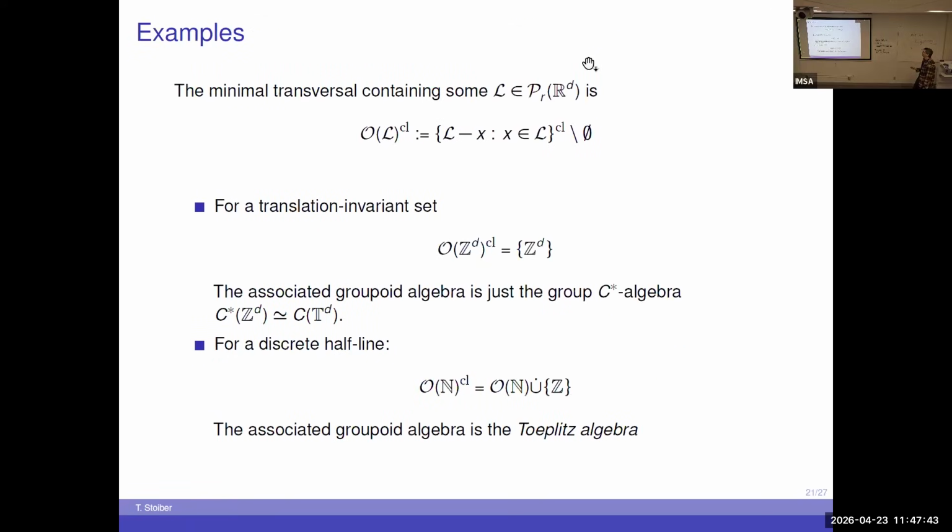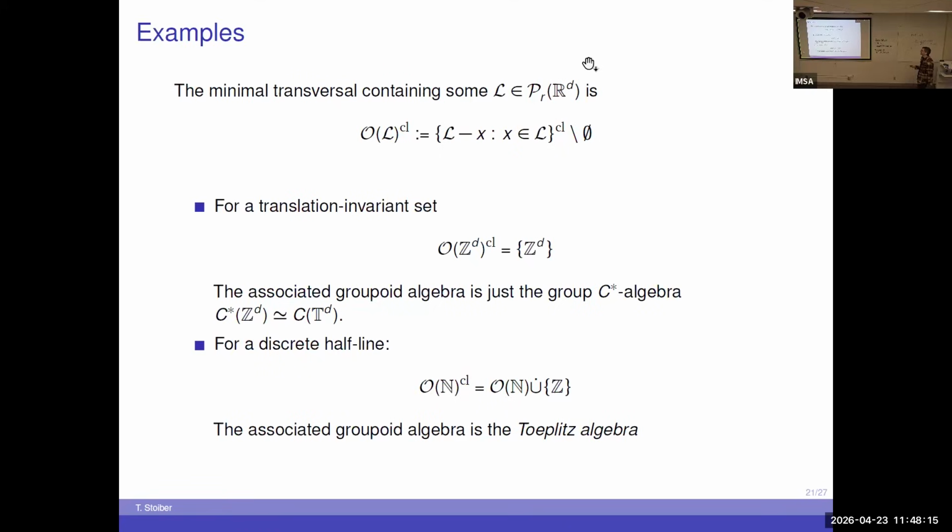Okay. So let's just briefly look at some examples of what this formalism gives. The very simplest example is that we take as input just a single pattern and we look at its orbit under translation. So then this gives us a collection of patterns which may have different accumulation points. For example, the very easiest case, you just take the lattice Z^d and look at its orbit under translations.